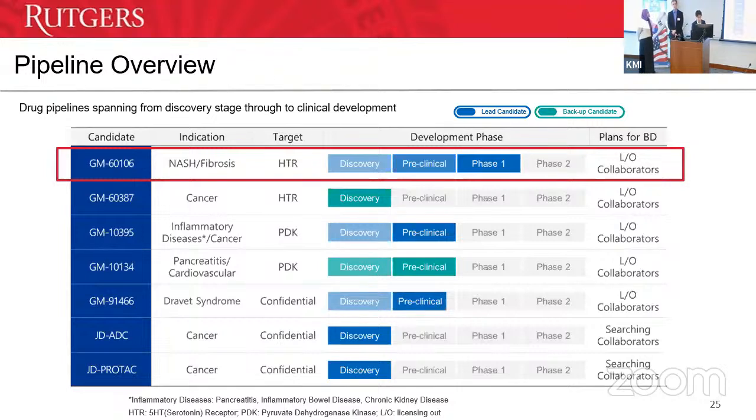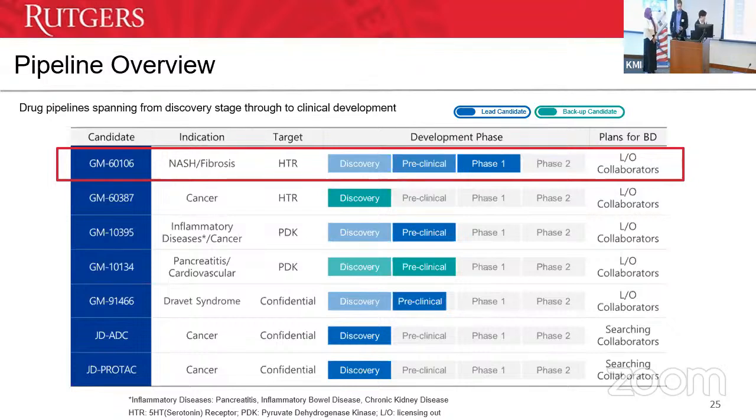And now this is their pipeline. As you can see, besides the one highlighted in the red box, there are multiple other assets in their portfolio. It's very broad, as mentioned before, but we thought it's not the best strategy for startups, as startups usually have limited resources and need to deploy their capital wisely and efficiently.